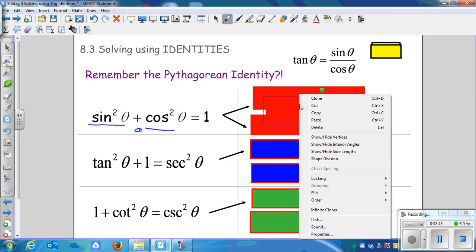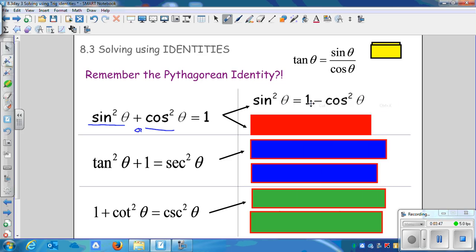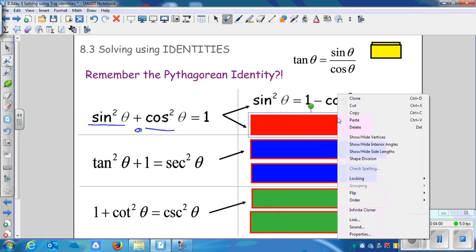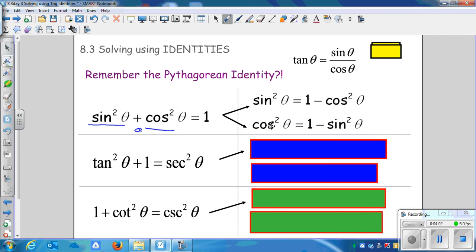So if I isolate sine squared theta, I subtract cosine squared theta from both sides. In other words, anywhere I see a sine squared theta in an equation, I can replace it with 1 minus cosine squared theta. And likewise, I could isolate cosine squared theta, and that would be equal to 1 minus sine squared theta.